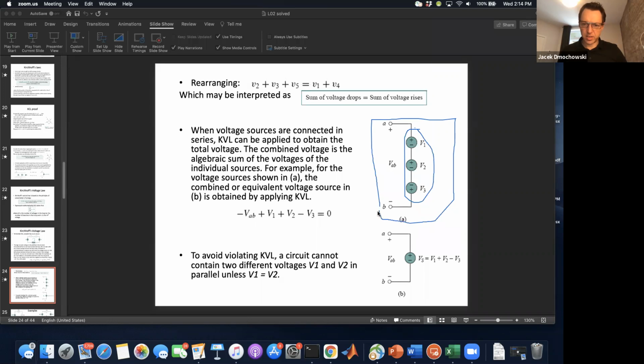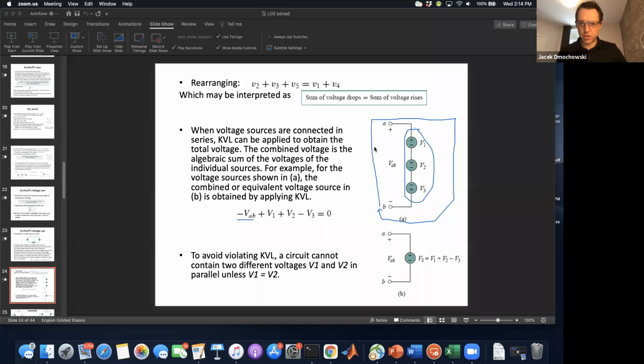We start at point B, go up to point A, and then turn around and go back to B. So we have negative VAB, and we label this with a negative sign because it's a voltage rise from here to here. Then we have a voltage drop of V1, another voltage drop of V2, and then a voltage rise of V3. So negative VAB plus V1 plus V2 minus V3 is equal to 0.